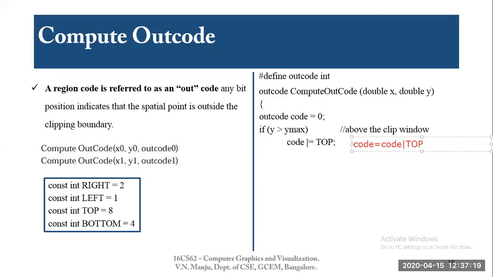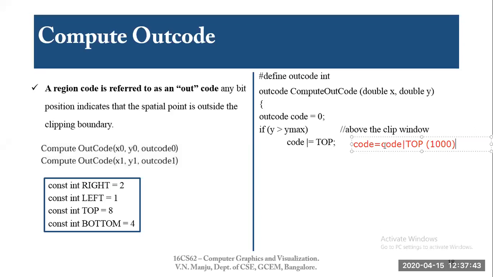Why did I put 8? Actually, the top opcode is 100. You remember when we wrote the region code, the value of top is 100. Now I will find the code of this one point. My line is there, one point I'll find.